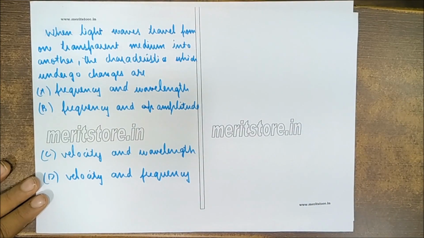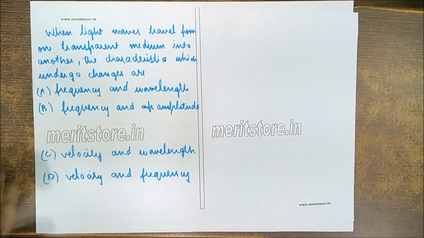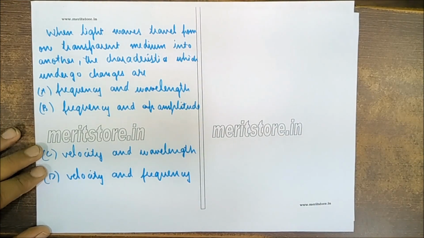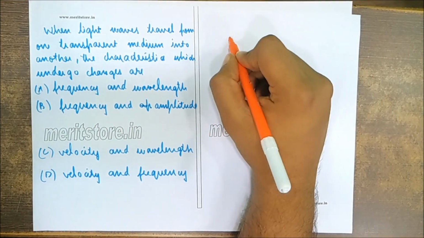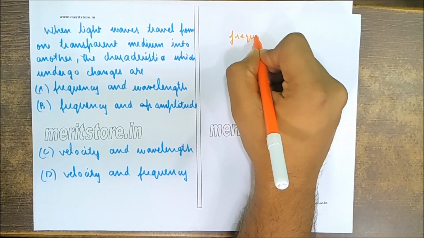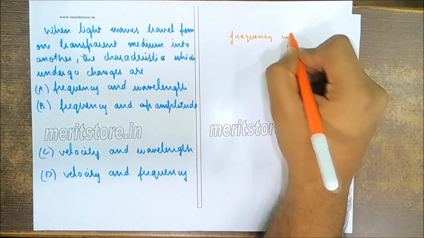The next question. When light waves travel from one transparent medium into another, the characteristics which undergo changes are: frequency and wavelength, frequency and amplitude, velocity and wavelength, velocity and frequency. Now, even if the medium changes, frequency will never change.